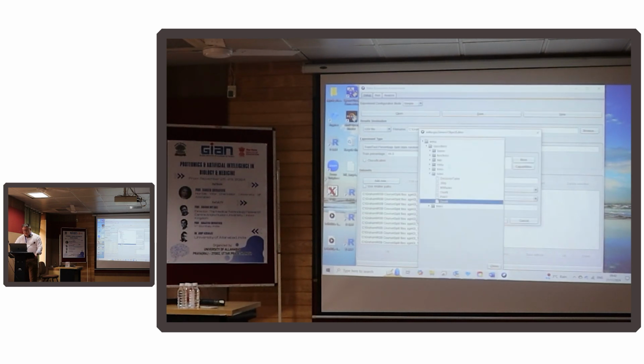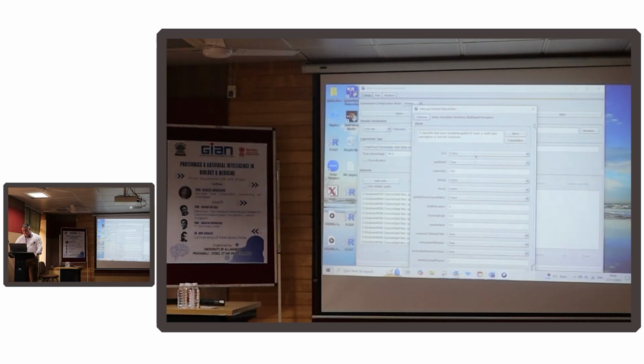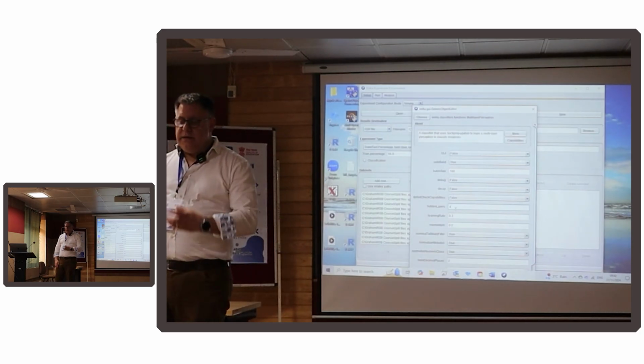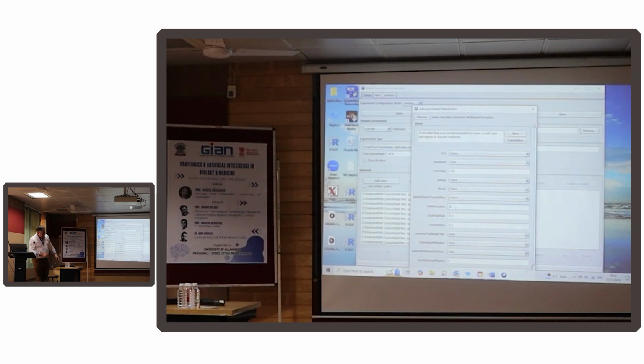For this I'm going to use an MLP. In the MLP, I can set the architecture up, and I can set it to automatically select the number of hidden nodes in the architecture. And I do that by just putting an A in here. So it'll automate that process. You can see also I can change my learning rate, my momentum.